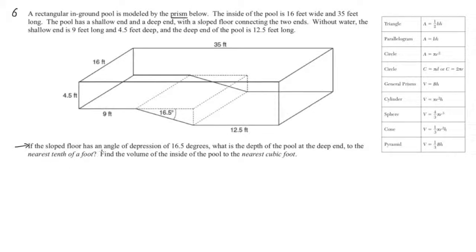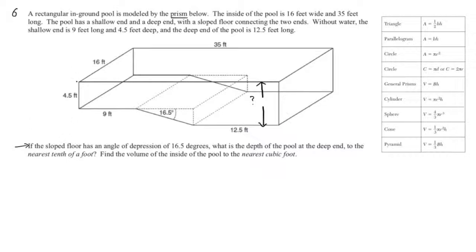If the sloped floor has an angle of depression of 16.5 degrees, as indicated, what is the depth of the pool at the deep end to the nearest 1/10 of a foot? The depth of the pool at the deep end is going to be this dimension right here. That is what I would like to know.